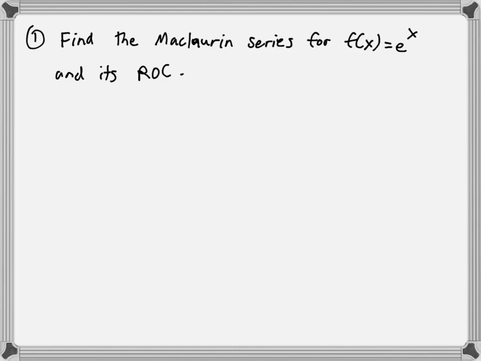Okay, and you'll notice that there is no way to relate this to 1 over 1 minus x like we did in the previous section, right? So this is why we need to use this new formula to do this.